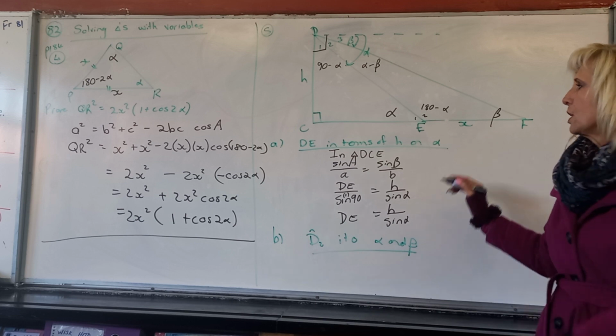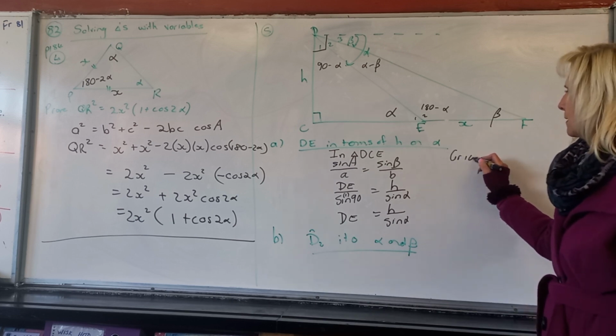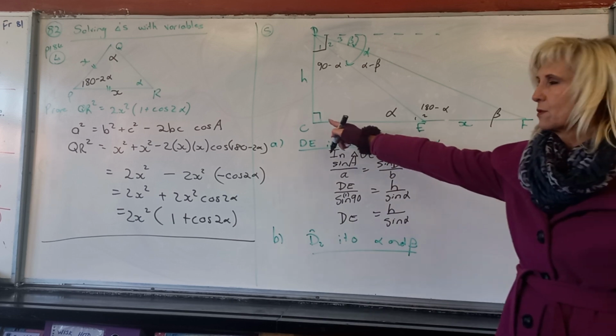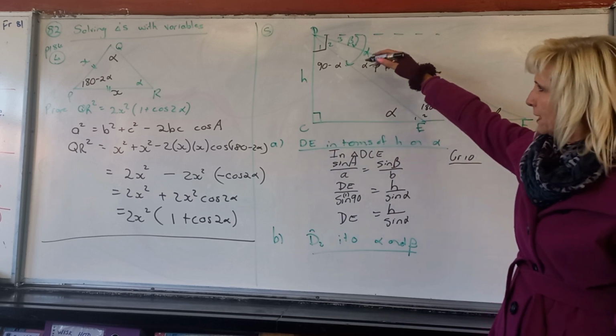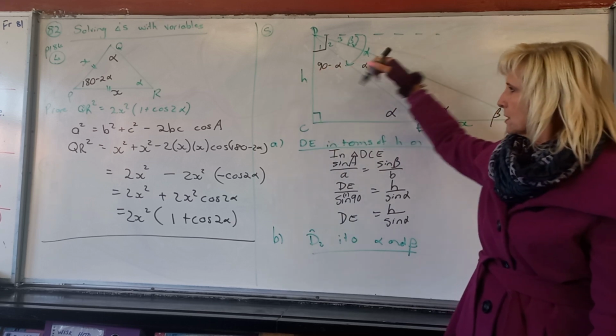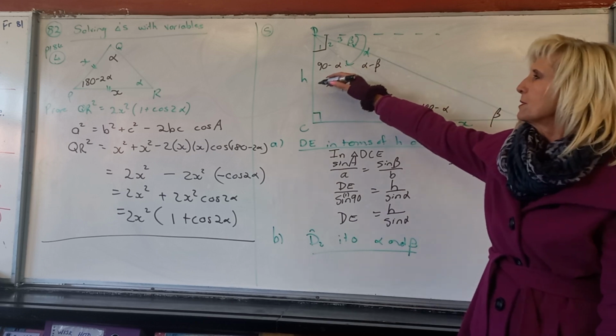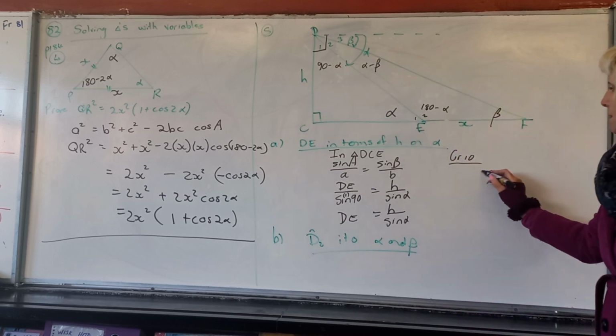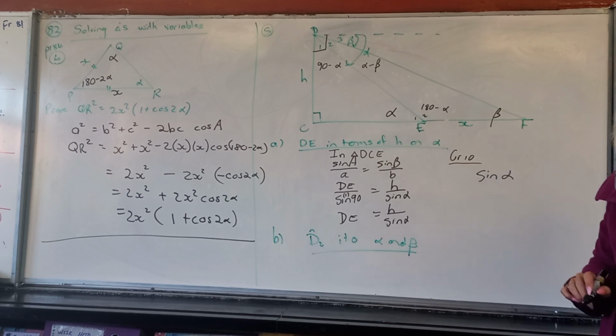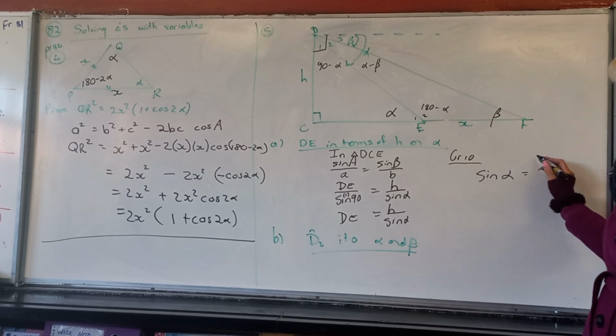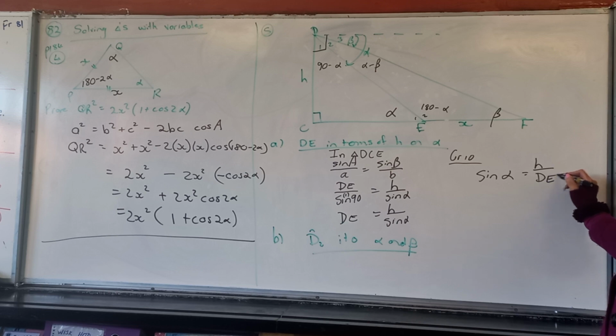That it was 1. Couldn't I have used the grade 10 method there? Yes. Because there was a right angle triangle to find DE together with H, together with your given angle there. That would have been opposite over hypotenuse, which is the sin of angle alpha would be H over DE.